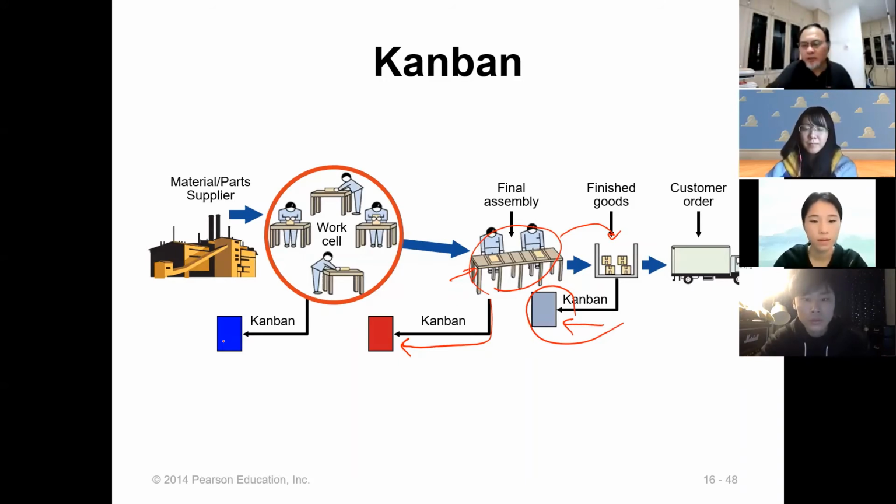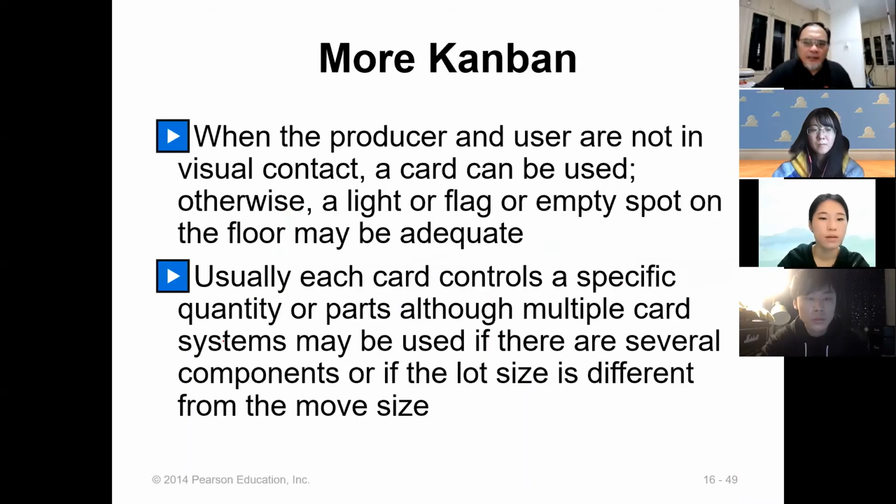You understand the concept? It's just giving information, then they are pulling. You only make whatever is required. Don't make more than what is required. Just make the exact quantity that is requested. I see here, even an empty spot on the floor may be adequate to become a Kanban.